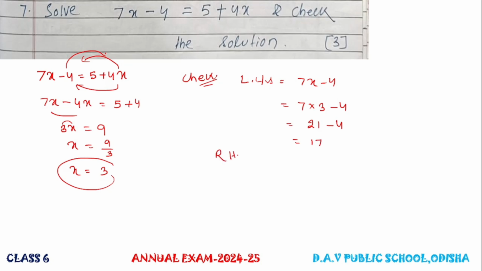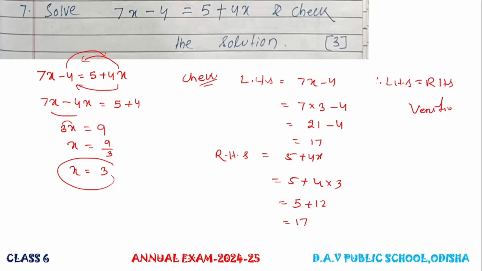Similarly, solve the right hand side, that is 5 plus 4x. 5 plus 4 into 3, that is 5 plus 12 equal to 17. So we can write LHS is equal to RHS. Verified. Clear? Next question.